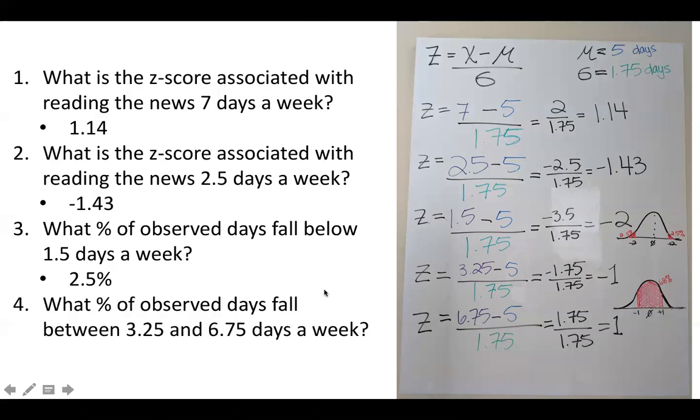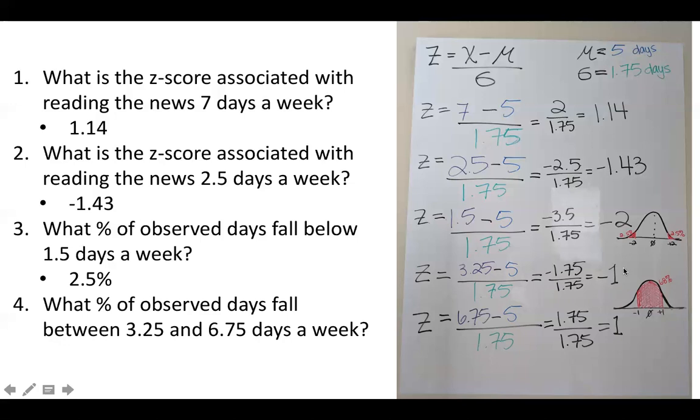Finally, what percentage of observed days fall between 3.25 and 6.75 days a week? To solve this, step 1 is to calculate the z-scores associated with 3.25 and 6.75. I do that here. First, I have my numerator 3.25 minus 5. That is negative 1.75. I divide that by my standard deviation of 1.75 and get negative 1.